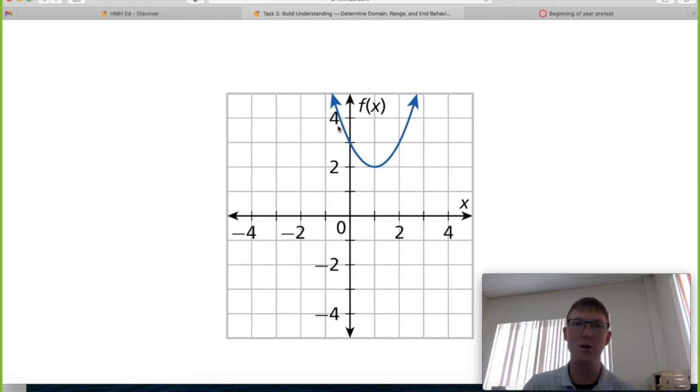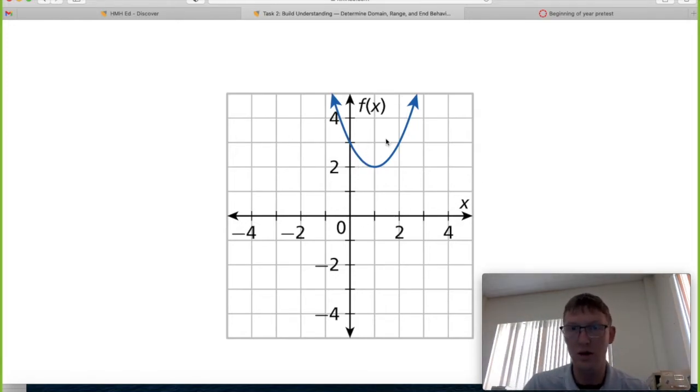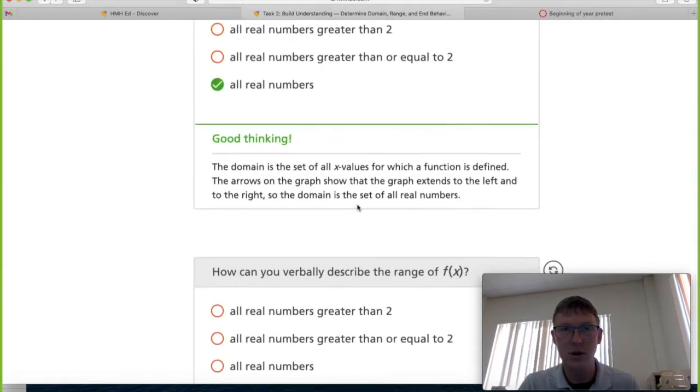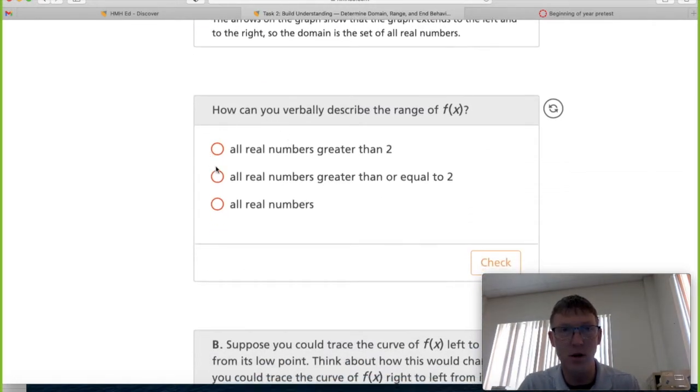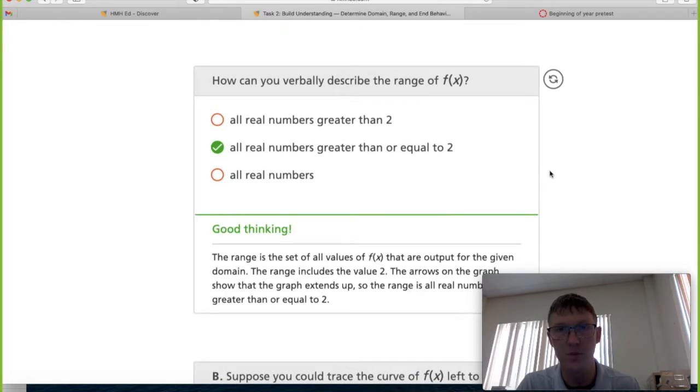The output, based on this graph, is any number 2 or above. No matter what you dump into this function, you're never going to get 0. It's impossible, according to this graph. So our range would be all real numbers greater than or equal to 2.